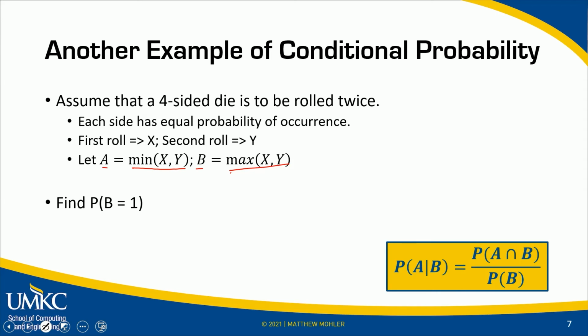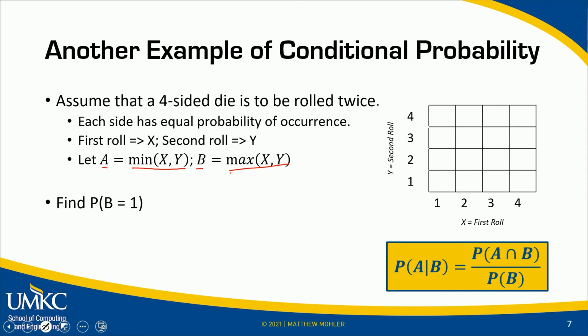So the first question we might ask is, what's the probability that B, our maximum of X and Y, is equal to 1? Well, if we look at this graphically, that's just this one place here. There's the maximum equal to 1. And as you may notice, there are 16 total possible outcomes in this situation, and only one of them is valid.